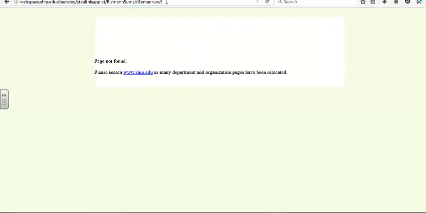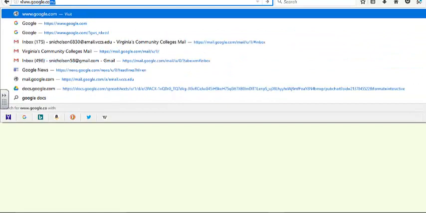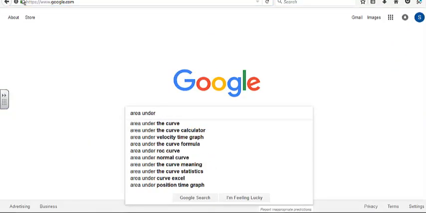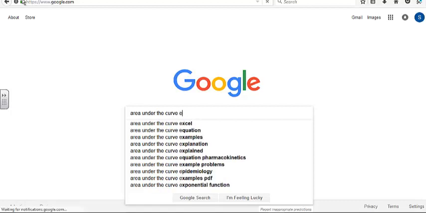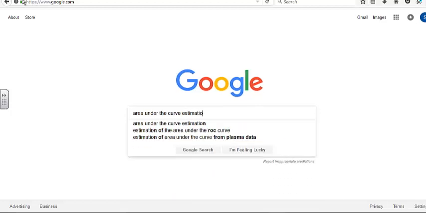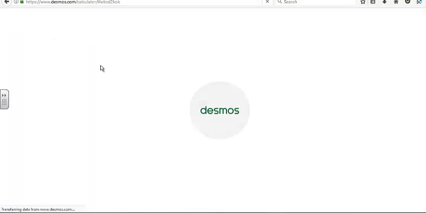Okay. We'll find one. Okay. Area under the curve. Estimate. Estimation. Let's see if this one works or not.